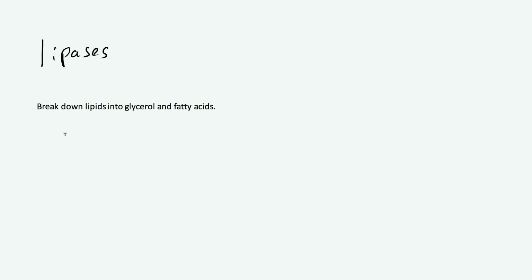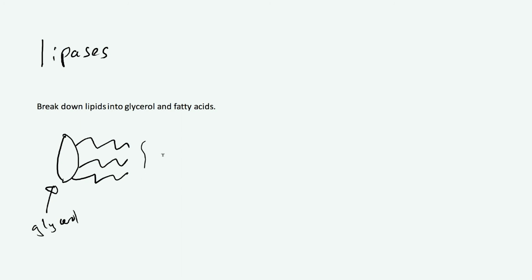Basically, a lipid is made out of a molecule of glycerol. Let's say that's glycerol. And coming off of it, you have 3 normally fatty acids. So you've got glycerol, and these are fatty acids. Basically, all your lipase is going to do is come down and separate all those bonds.